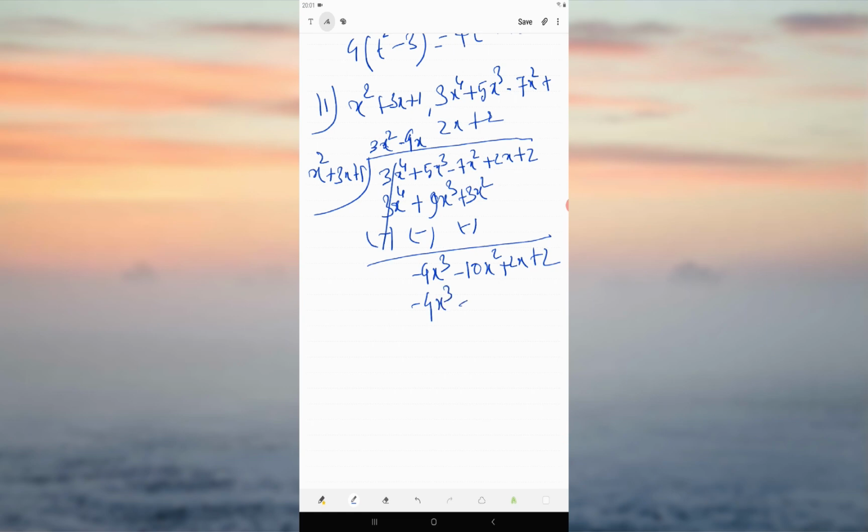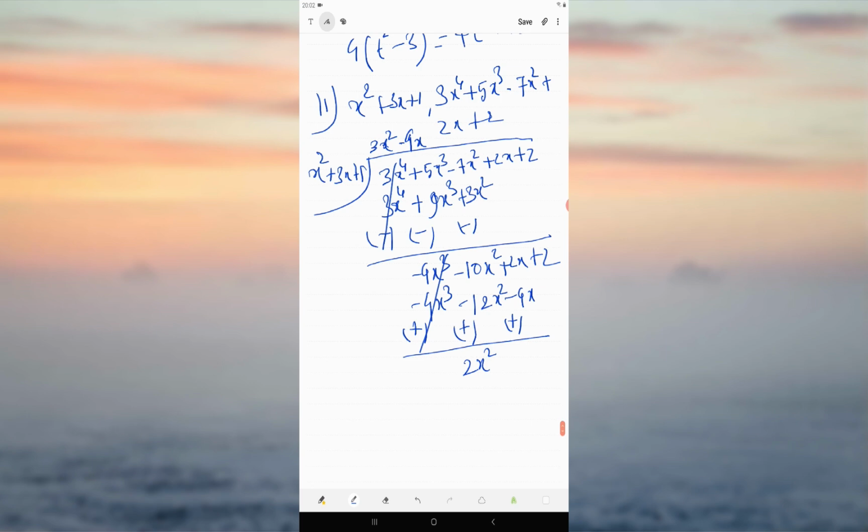Minus 12x². Okay, and then minus 4x. So minus becomes plus, minus becomes plus, minus becomes plus. So this one will go. Now minus 10x² plus 12x² will be 2x².